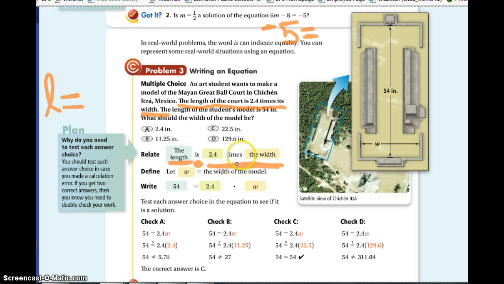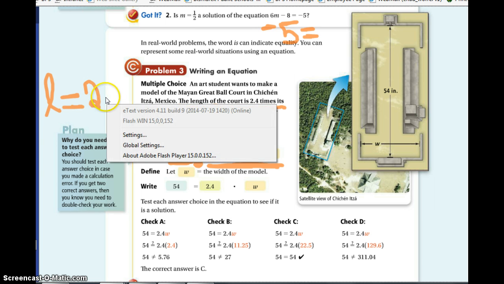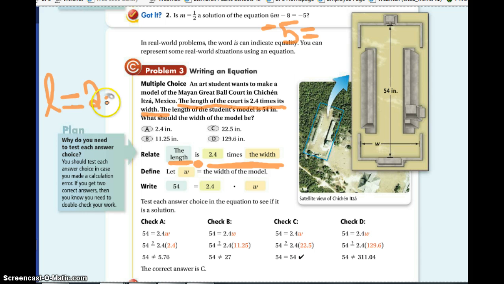So times directly translates into multiplication. The length is 2.4 times the width.